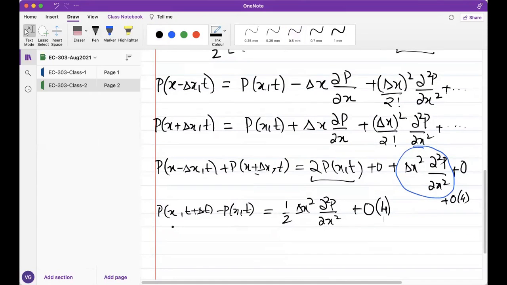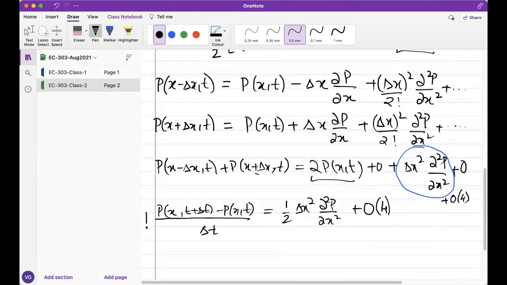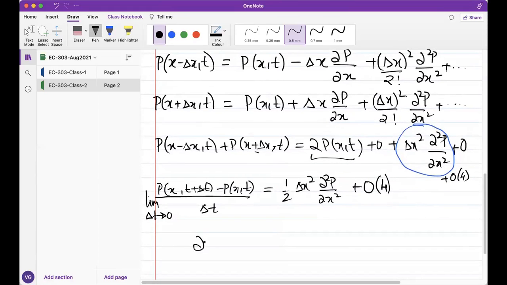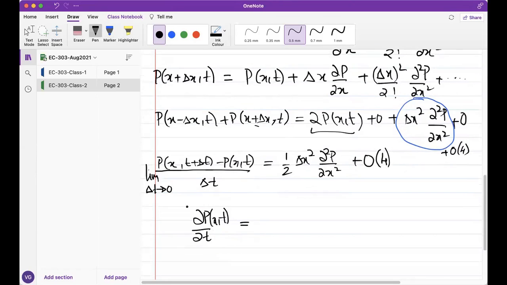Then the next thing we want to do, to make it mathematically more convenient, is divide the left-hand side by delta t. And then I will take the limit as delta t goes to 0. So the left-hand side now becomes dou P by dou t, the rate of change of this probability density function, because we had a probability density function that is changing over time. How does that change?